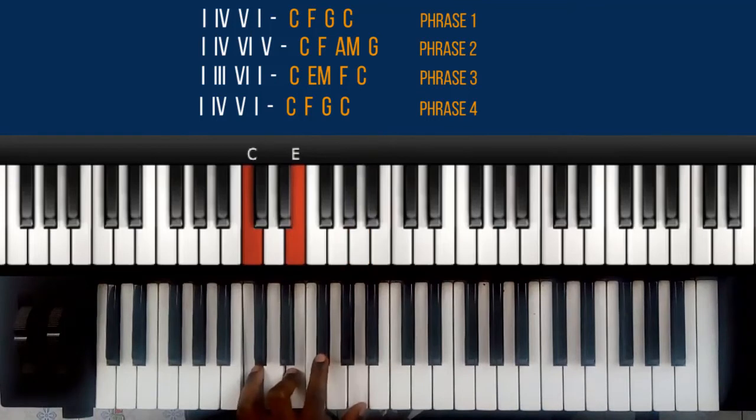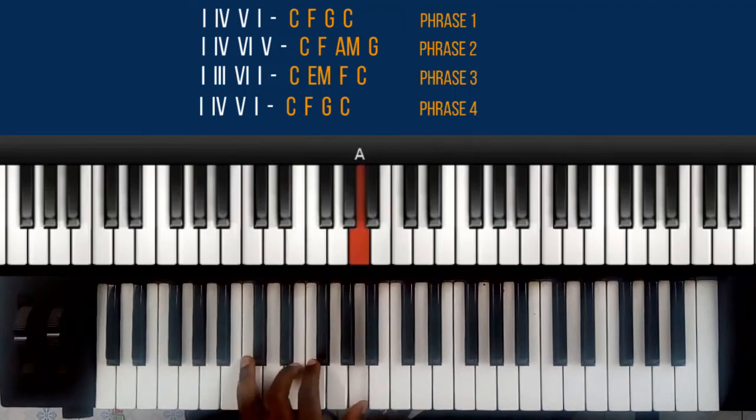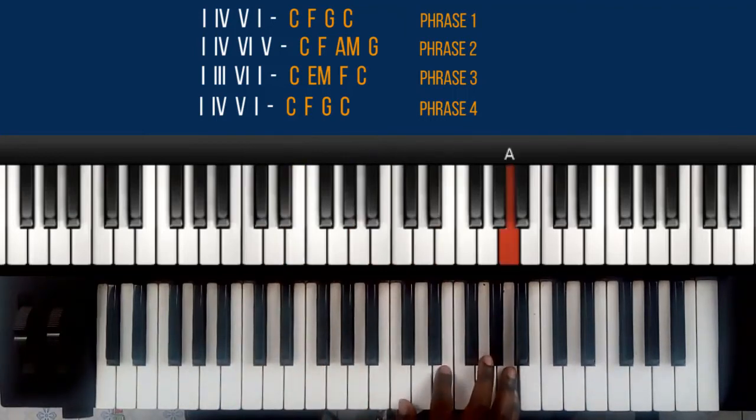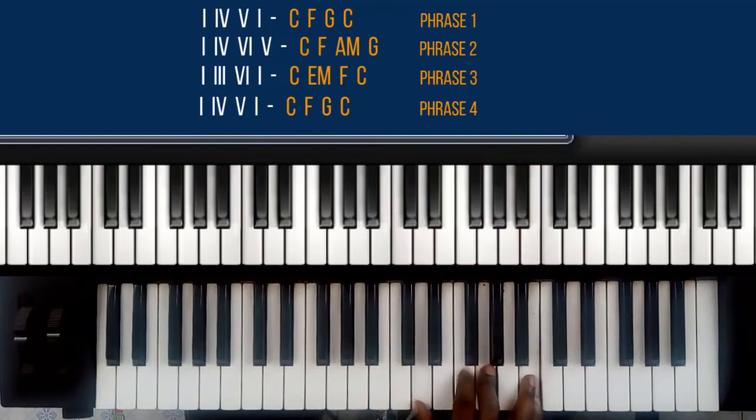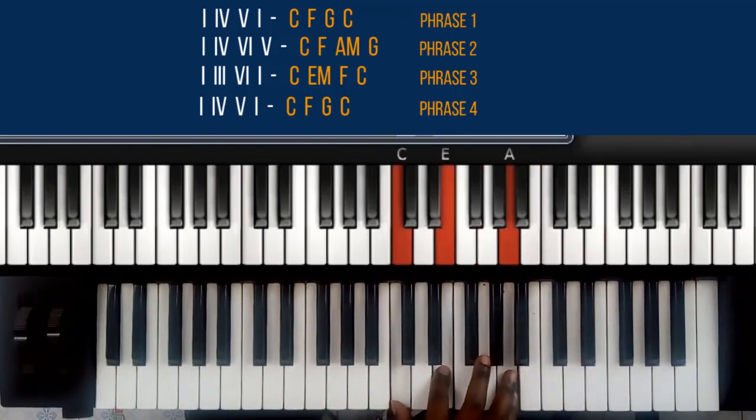My left hand is playing note C with my small finger, note E with my middle finger, and note A with my thumb. Right hand, A minor, second inversion, first inversion. So C with my thumb, E with my pointer finger, and A with my small finger.